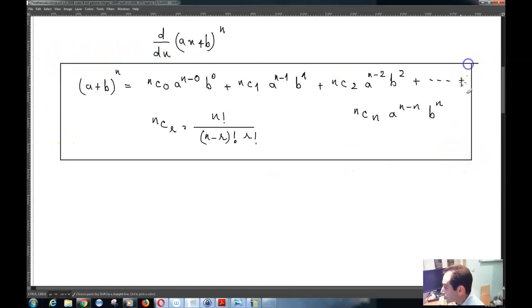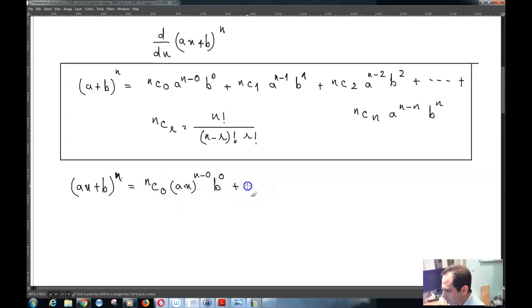Now, based on this you can write ax plus b raised to the power n is equal to n combination 0. So this is the first term: ax whole raised to the power n minus 0, b raised to the power 0.